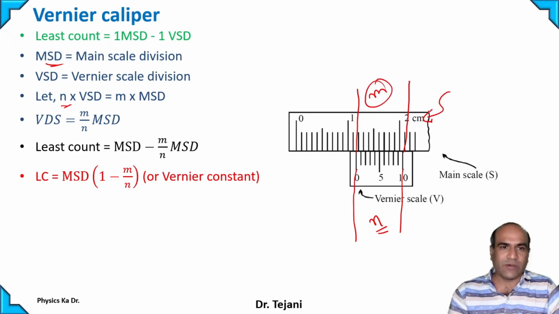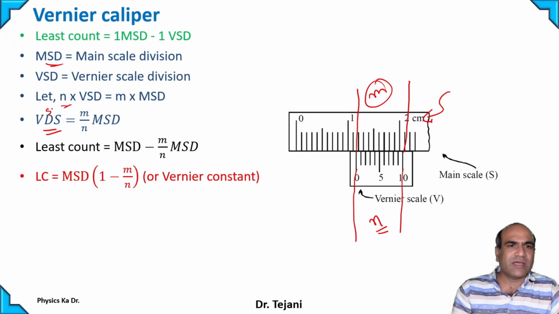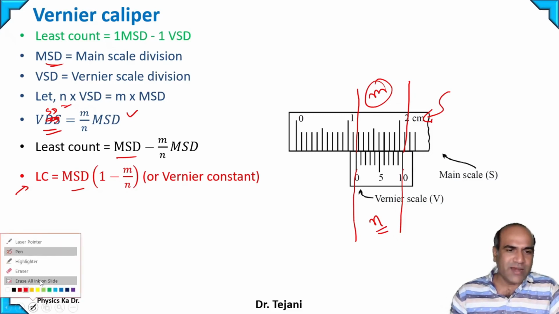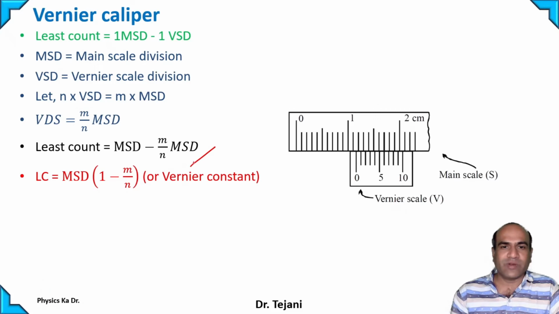Then the Vernier scale division, VSD, is equal to m by n main scale division. So the ultimate least count becomes 1 main scale division times (1 minus m by n). That red-colored formula you need to remember. This one will be helpful to you.